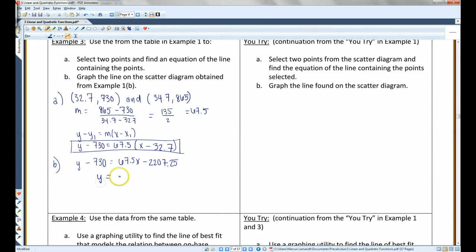So I've got y equals 67.5x minus 1477.25. Alright, it'll be a little mini graph.